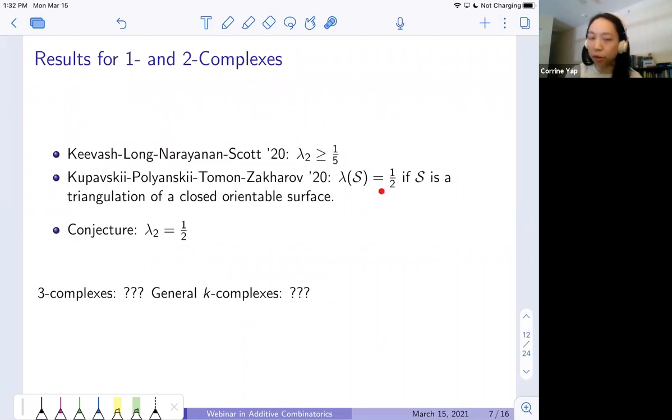And of course, the result for closed orientable surfaces used the classification of surfaces. Those are things that we don't know in higher dimensions. So if you know things about triangulations in higher dimensions, I would be very happy to hear about them after the talk.